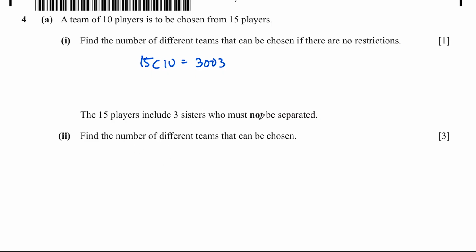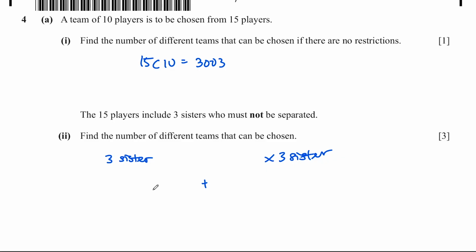Right, so we can separate it into 2 cases where the 3 sisters are playing, or the 3 sisters are not playing. And then we add these two cases together. So if the three sisters are playing, you must have three on the field already.